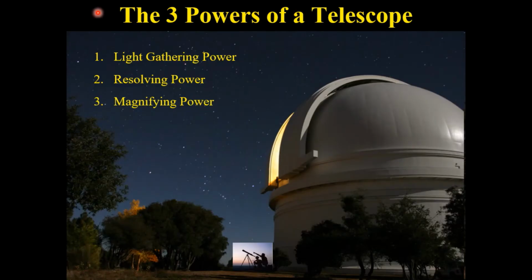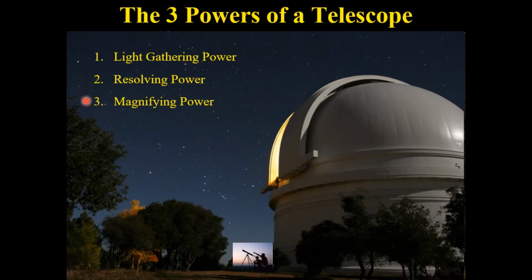So what we're going to do next is talk about the three powers of a telescope. Telescopes basically do three things. They collect and gather a lot of light. So this is called the light gathering power. Telescopes also allow us to see details in the objects we're looking at. And so this is called the resolving power of a telescope, how much resolution it has.